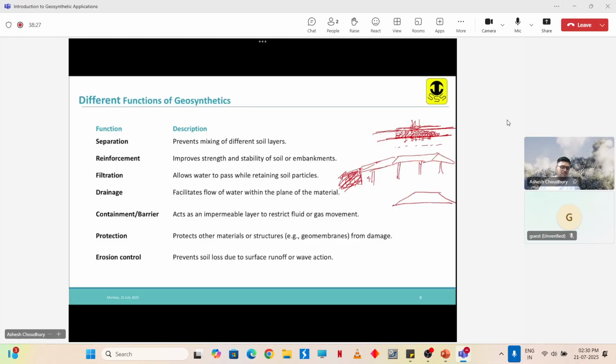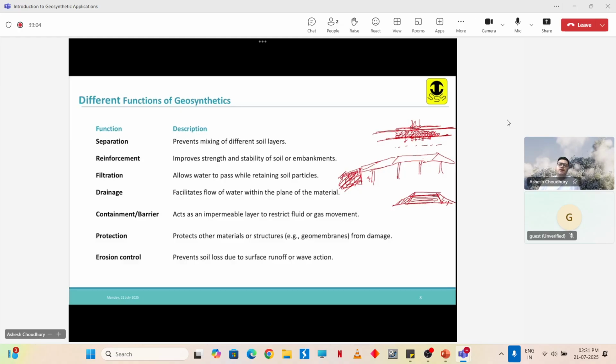But if we reinforce it, if we want to construct a reinforced embankment, we can have a steeper configuration, right? We can put reinforcement like this, and then construct a steeper slope. With this we are saving a lot of soil materials also, right? So the reinforcement function is a very important function of geosynthetics. A simple application of it is a reinforced earth wall. You will be solving problems and seeing the simple design of these earth walls later.